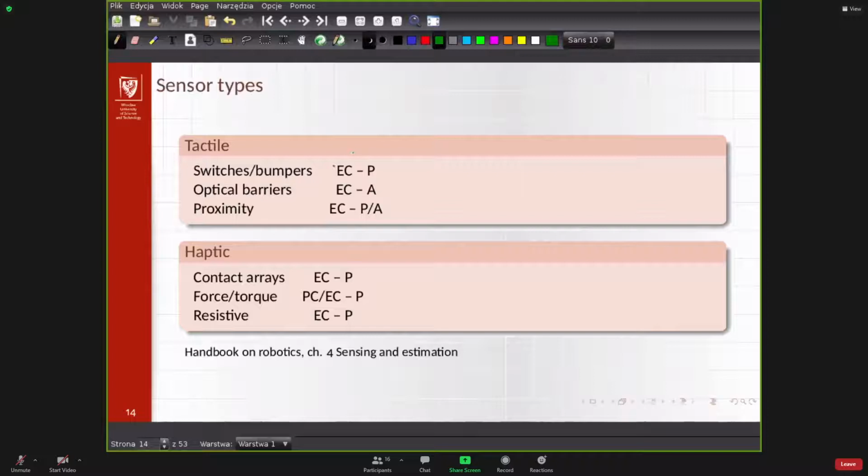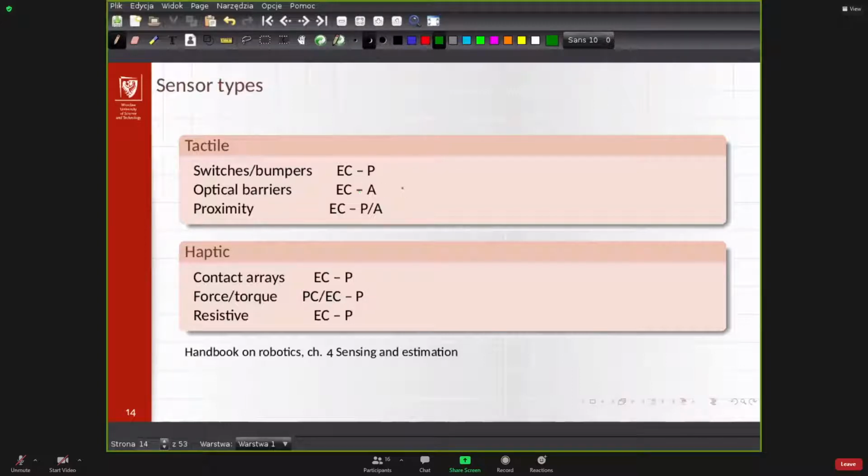It means that it's exteroceptive, but also those are passive. An external object has to push a switch or push a bumper to have a reaction. We have optical barriers.